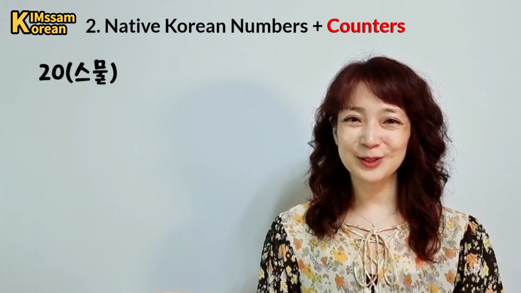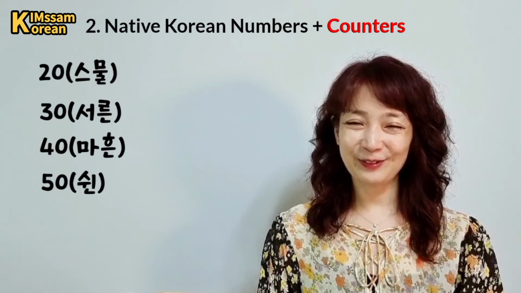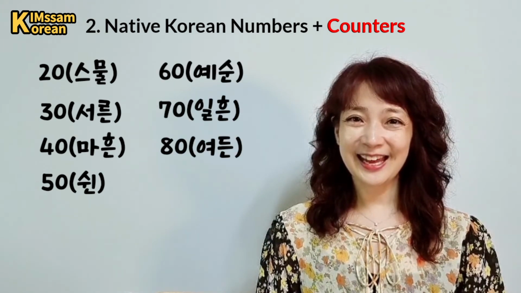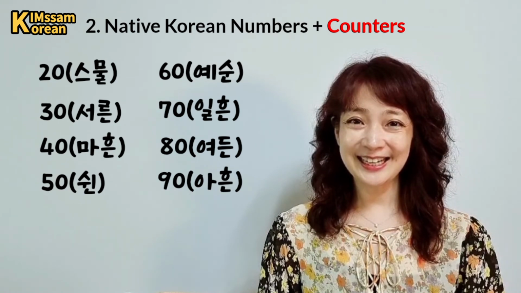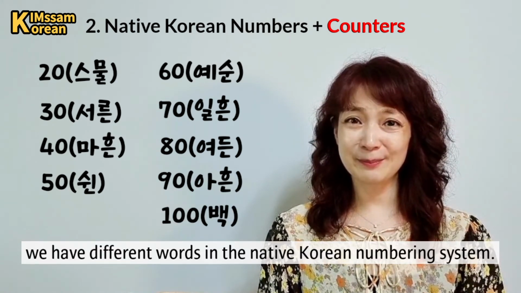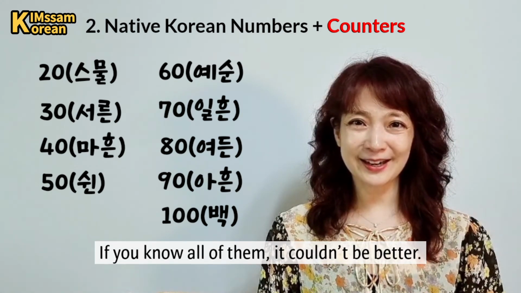But in the case of 20, 30, 40, 50, 60, 70, 80, 90, 100, we have different words in the native Korean numbering system. If you know all of them, it couldn't be better.